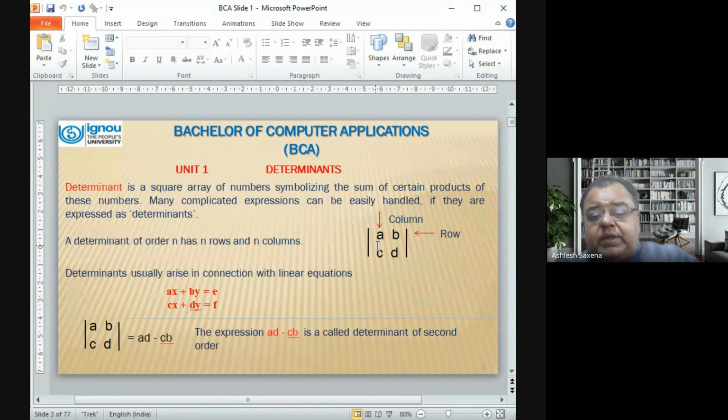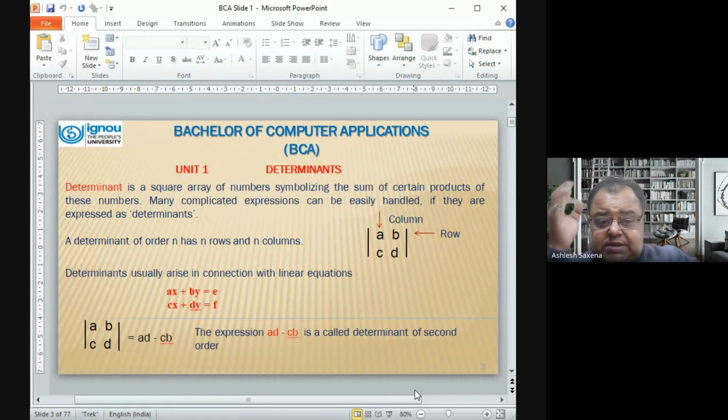That means this is a 2 by 2 determinant which has 2 rows and 2 columns. This one is column 1, this one is column 2, and this one is row 1, and this one is row 2.